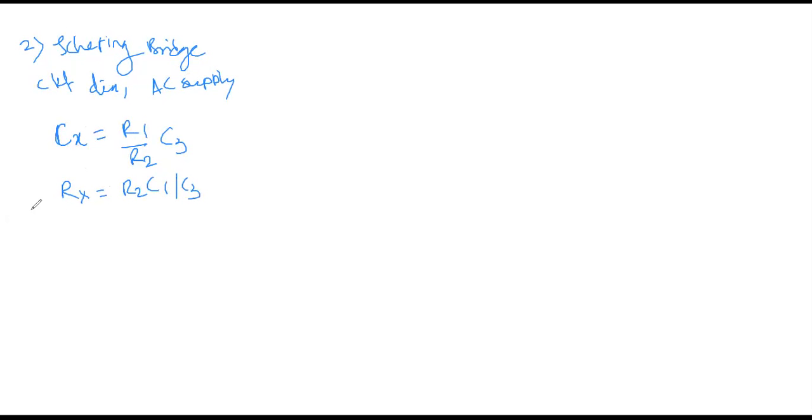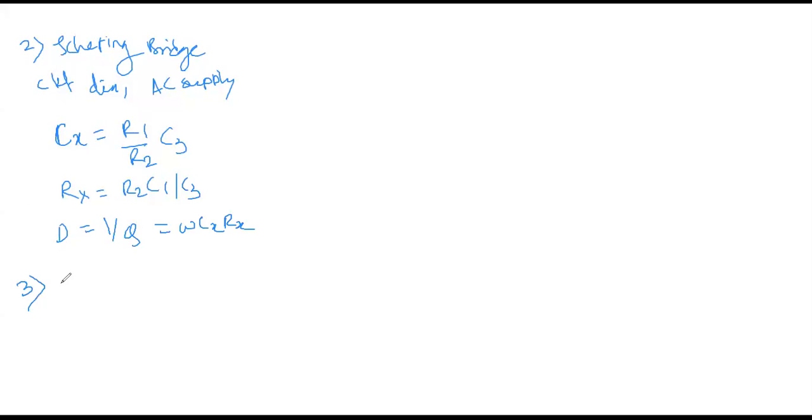Again, we have calculated dissipation factor D is equal to 1 divided by Q, which is equal to omega Cx Rx. So these are some points for Schering bridge.